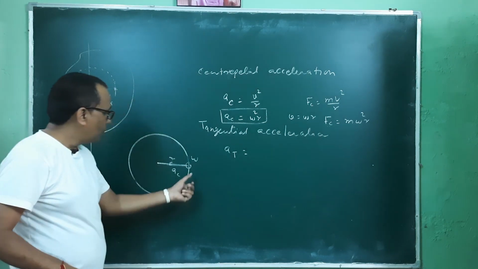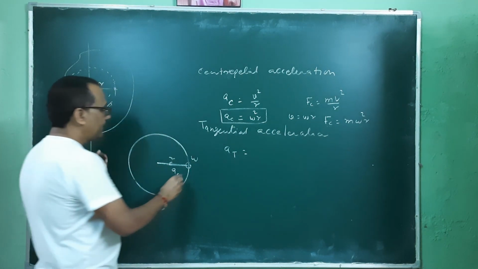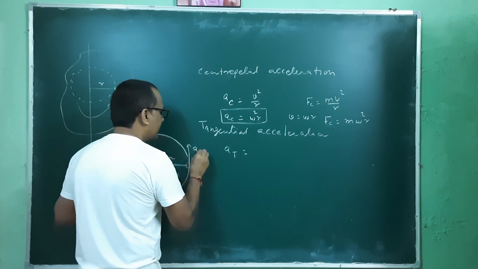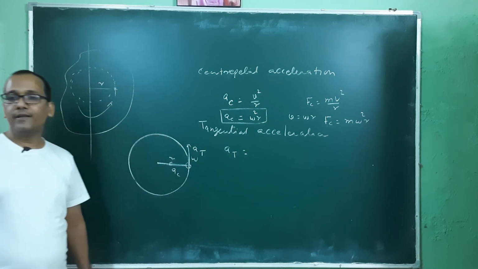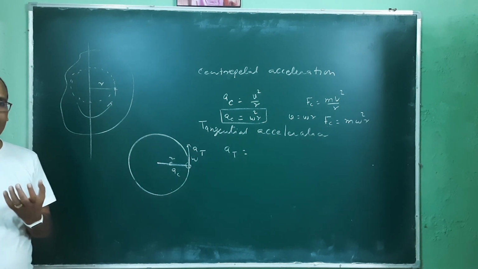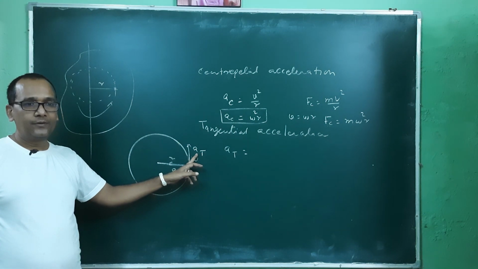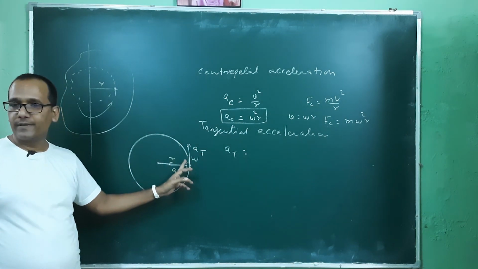In this case, one centripetal force is still in the direction of the center, but second, there is AT. Because of the change in the magnitude of the speed, this AT is generated, and its direction is tangential to this.